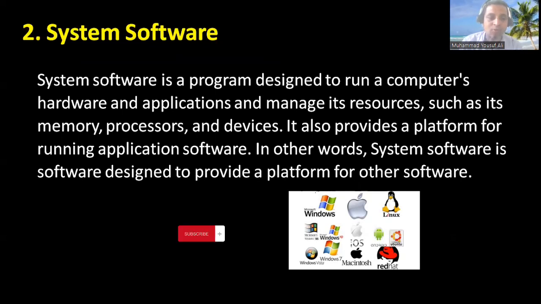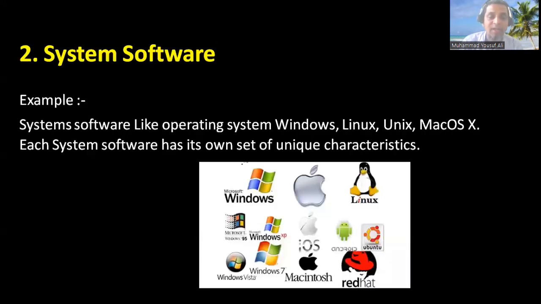In other words, system software is software designed to provide a platform for other software. Examples of system software are operating systems like Windows, Linux, Unix, Macintosh. Each system software has its own set of unique characteristics.